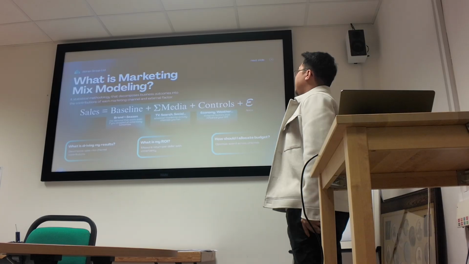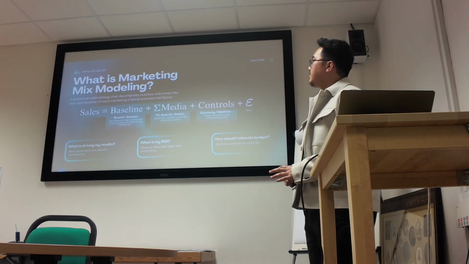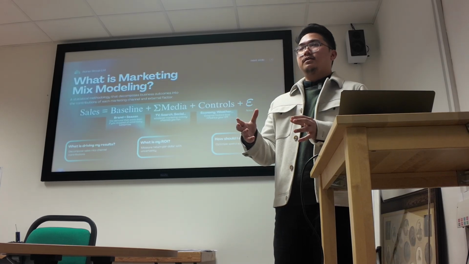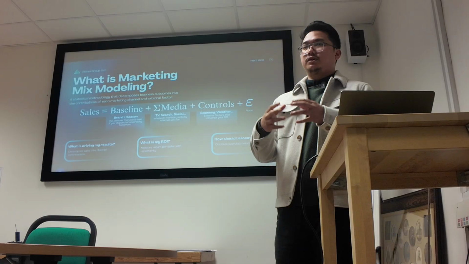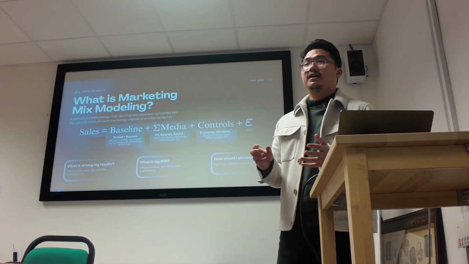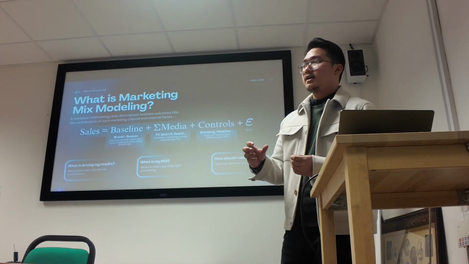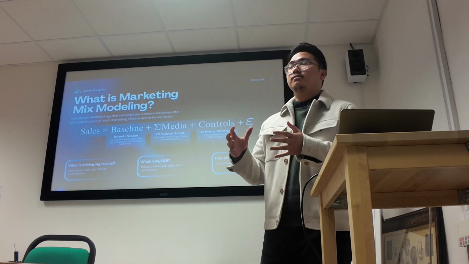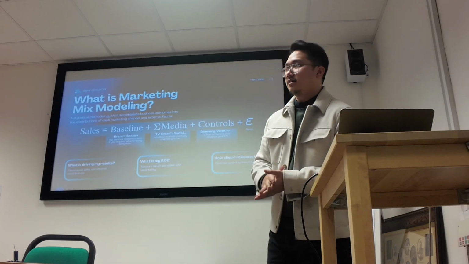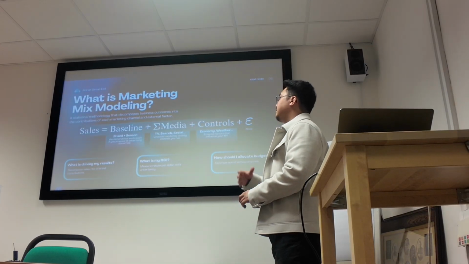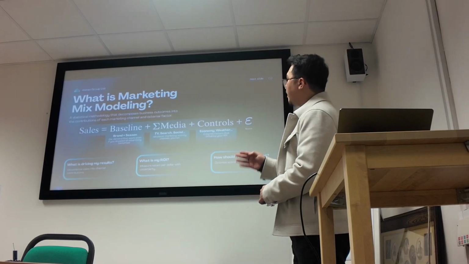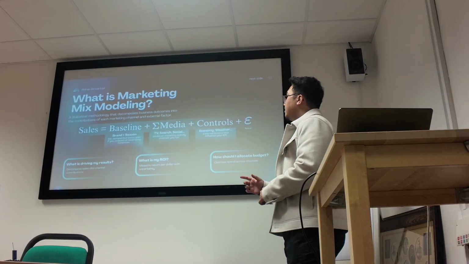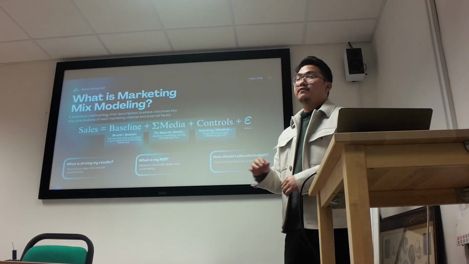So what is marketing mix modeling actually? In the simplest terms, it's a statistical model that takes your business outcomes, like your revenue or sales or conversion, whatever your KPI is, and decomposes it. It tries to separate what comes naturally from what comes because of your marketing, right? So for example, if your KPI is sales, the equation is like this. Sales equals baseline, like your branding or seasonality, basically the demand that exists even if you stop all advertising tomorrow.